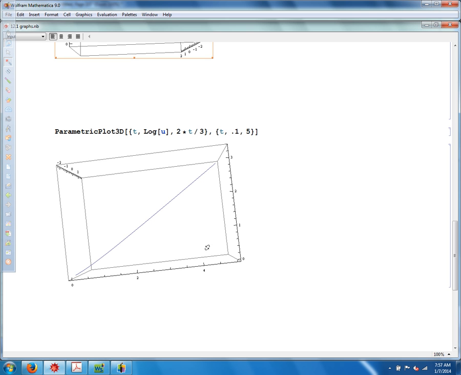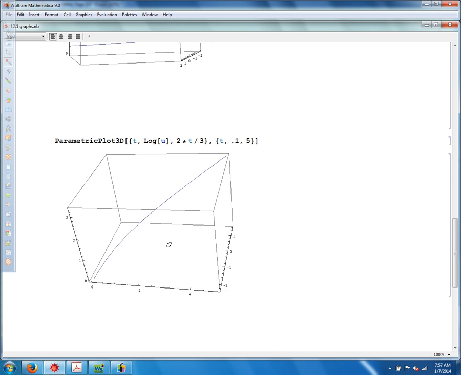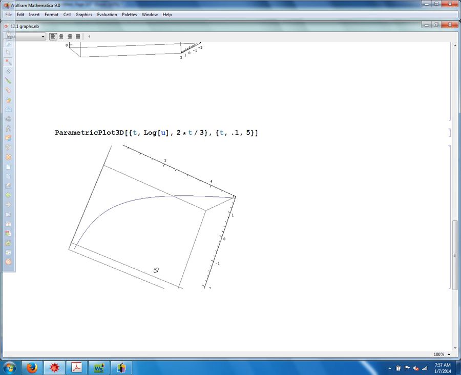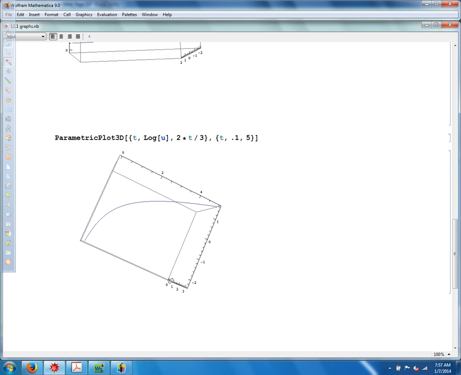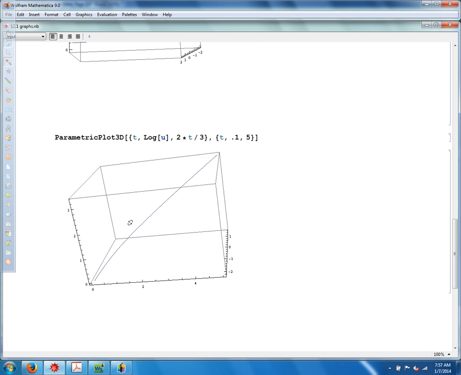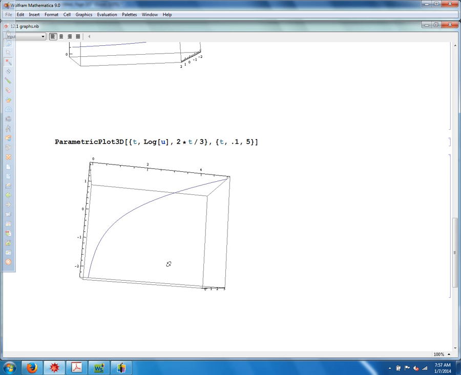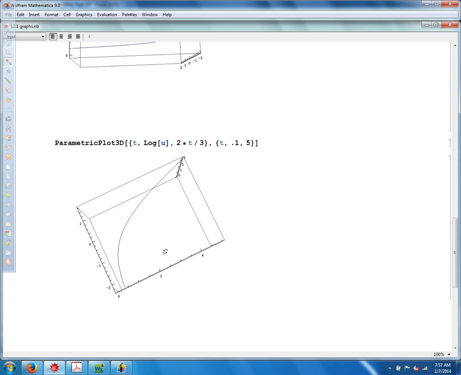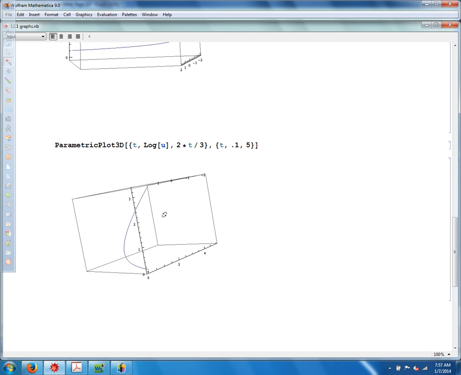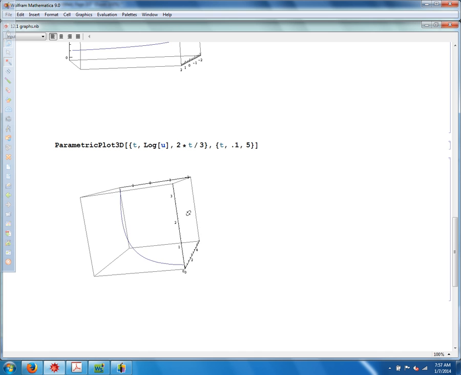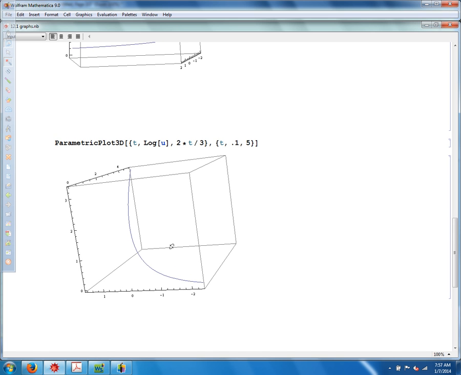There's our line, and there's our logarithmic function. So we rotate it this way, we get a line. There's a logarithmic function in the other plane, and then we come around this way, and we can see how it curves up.